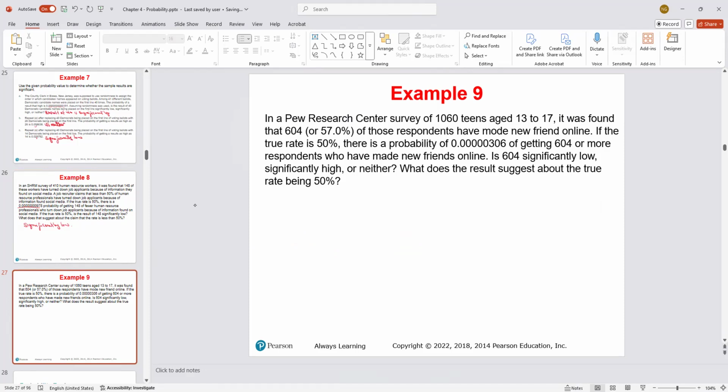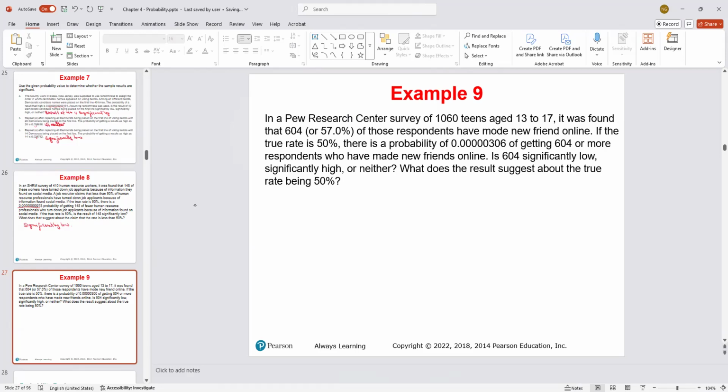If the true rate is 50%, there is a probability of 0.0000306 of getting 604 or more respondents who have made new friends online. Is the 604 significantly low, significantly high, or neither? So what does the result suggest?